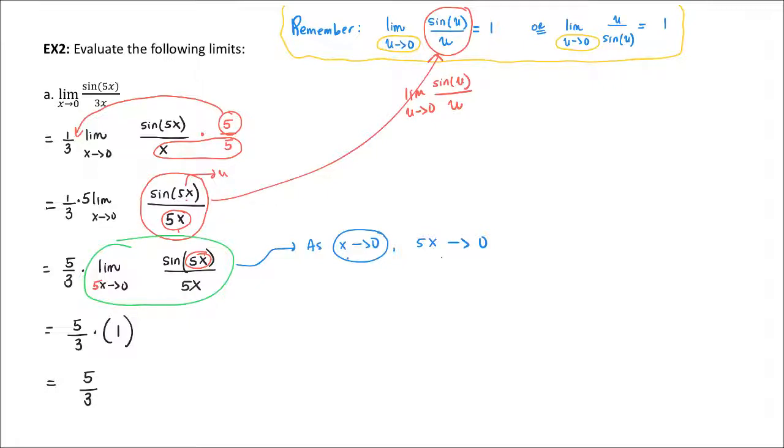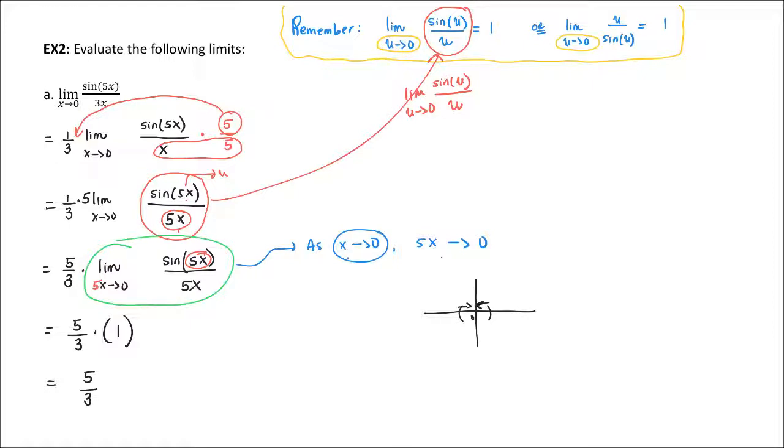Okay. So I know that this part over here, this adjustment of the variable, is what sometimes generates confusion with students, but there's nothing to be confused about. What is really happening is making sure that we're not changing the neighborhood. X is approaching zero, right? We're approaching zero from the left and from the right.